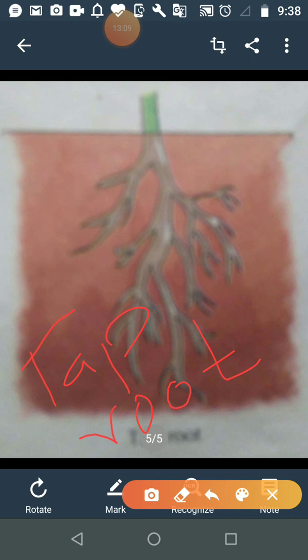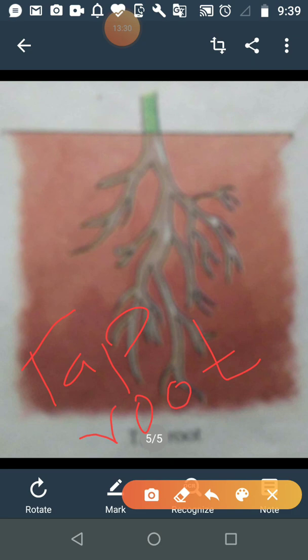That is the reason, students, we have to pull out carrot, radish, beetroot from the ground. Is it clear? So I think all of you are able to understand what is a tap root.